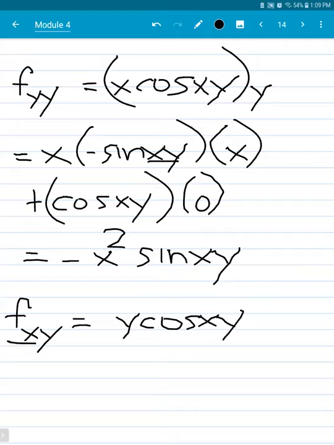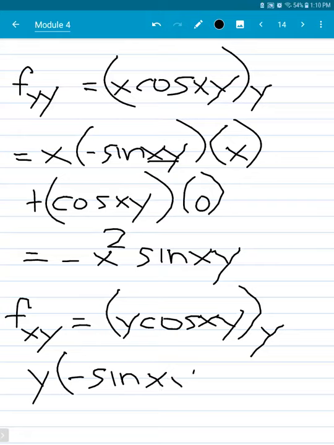And then we're going to differentiate with respect to y. Again, product rule. X times y times the derivative of this with respect to y. So we have negative sine, then the derivative of this with respect to y. So x.